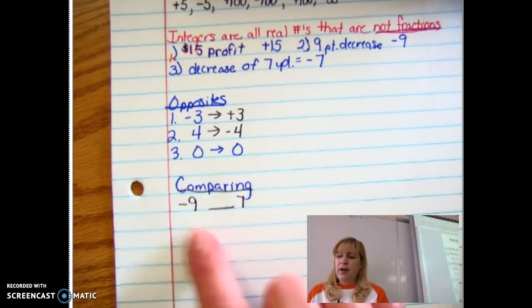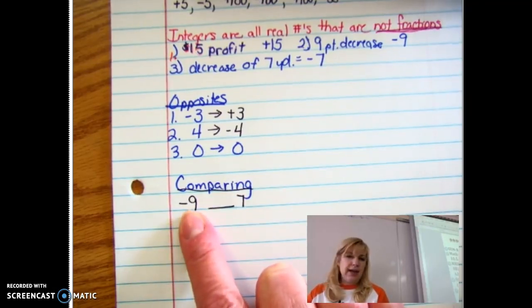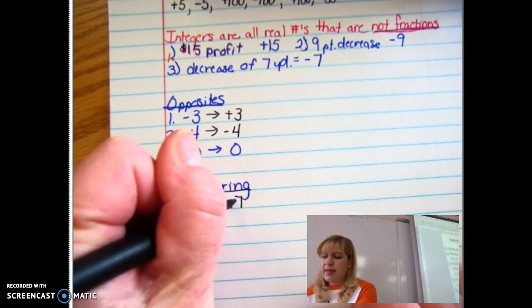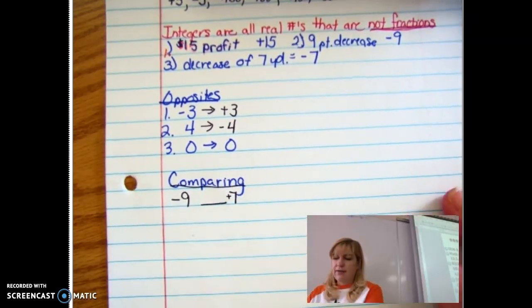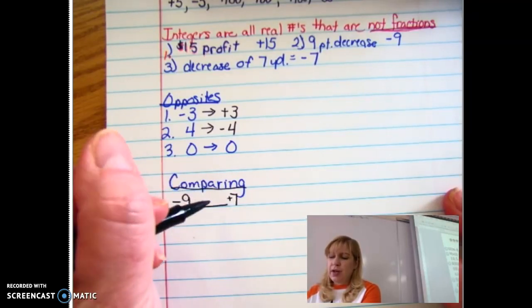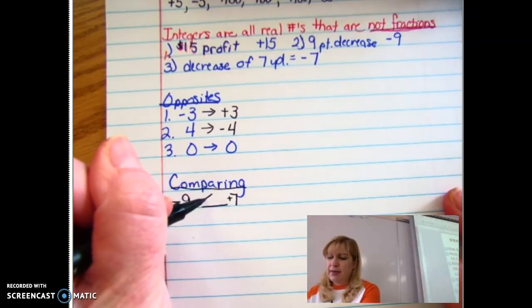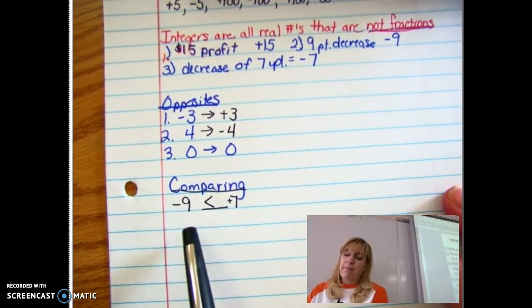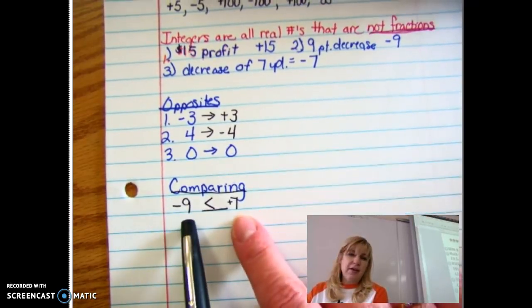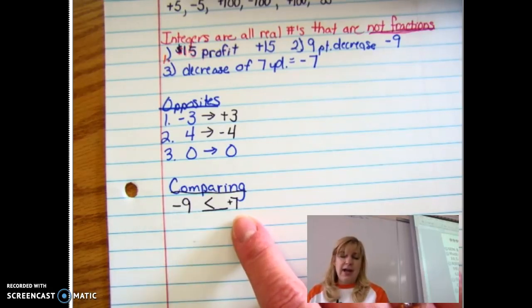Now you can hopefully see that this is a negative. Some of my students like to write that positive, and a positive is always greater than a negative. So you should be able to see that it would point this way. The trick is that usually we're used to saying that 9 is bigger than 7, but not a negative 9.